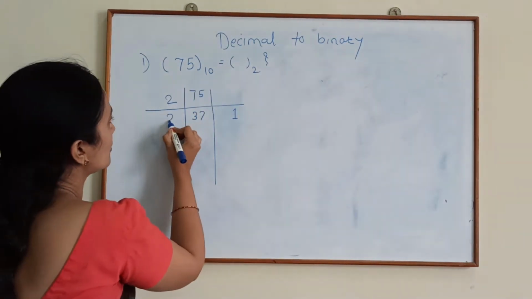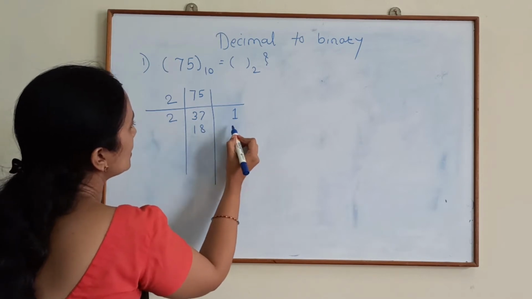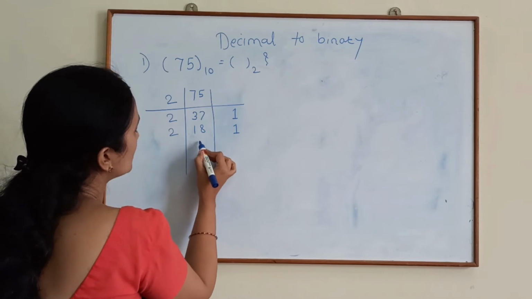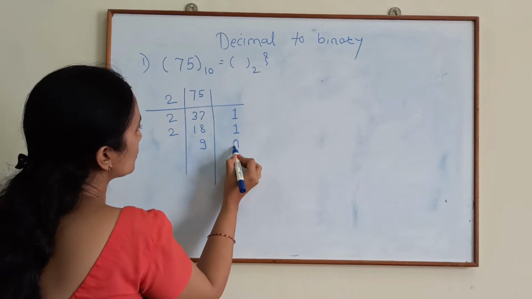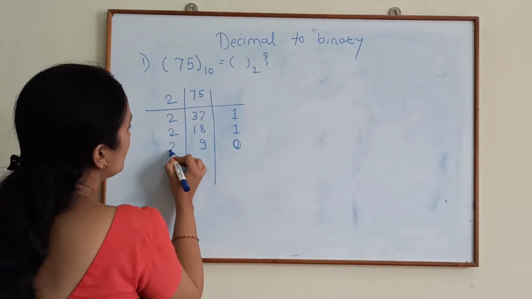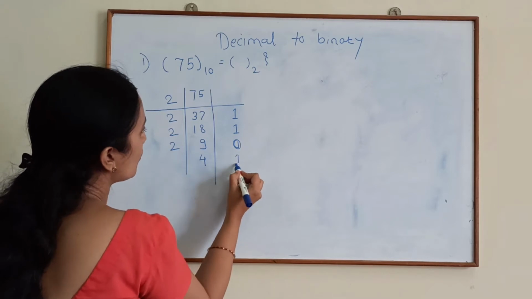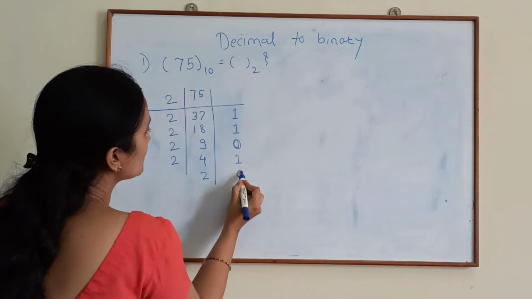Again, divide the number by 2. Remainder is 1. Again, by 2. Remainder is 0. Divide the number by 2. Remainder is 1. Number by 2. Remainder is 0.